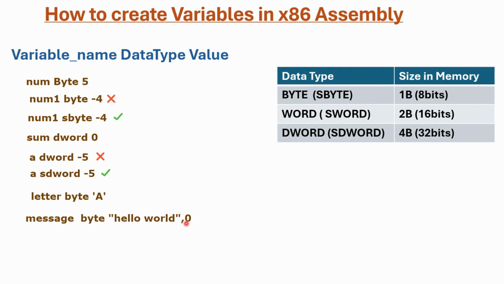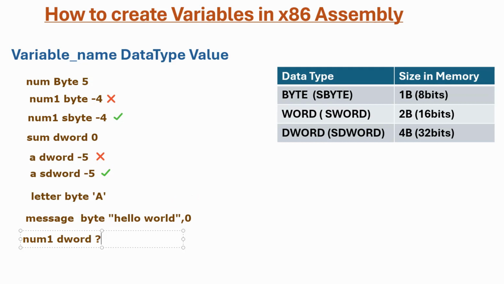One more important aspect of variables. Sometimes we need to declare a variable but not initialize it, or not put in its value, because later in the program, after some processing, values will be stored into the variable. How to do it in assembly language? It's quite simple. Let's say I'm defining a variable num1 of dword type, and I don't want to put any value here because I don't have any value right now.